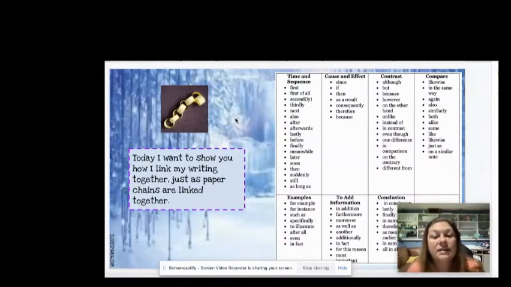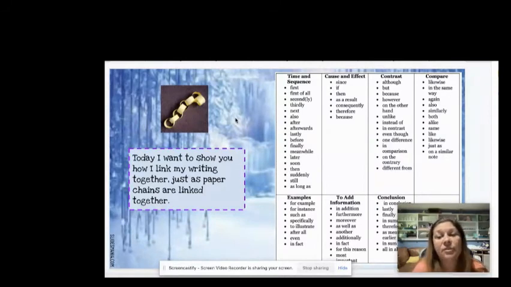So time and sequence, cause and effect, contrast, compare, examples, to add information, and conclusion. So some examples are first, next, also, finally, then, suddenly. Cause and effect examples: since, if, then, as a result. Or contrast: although, but, because, however.